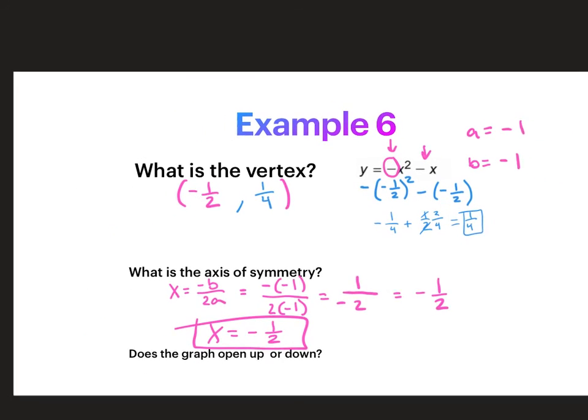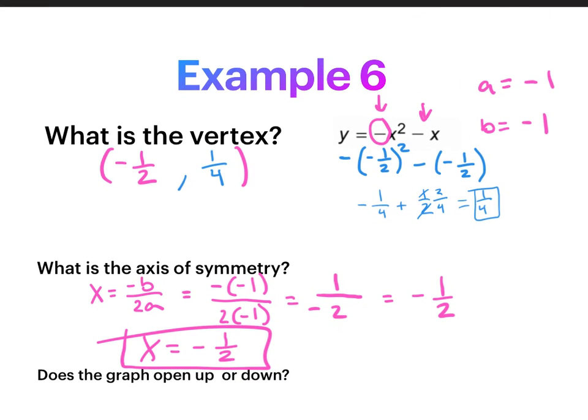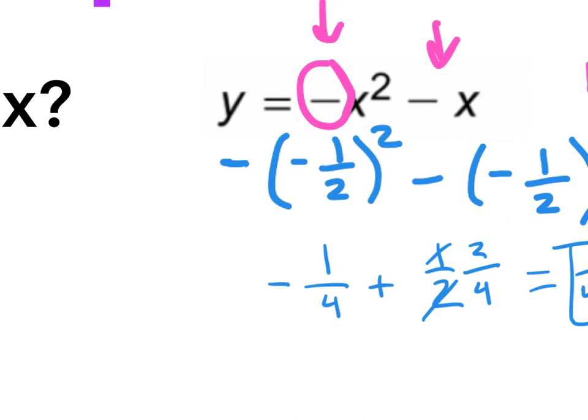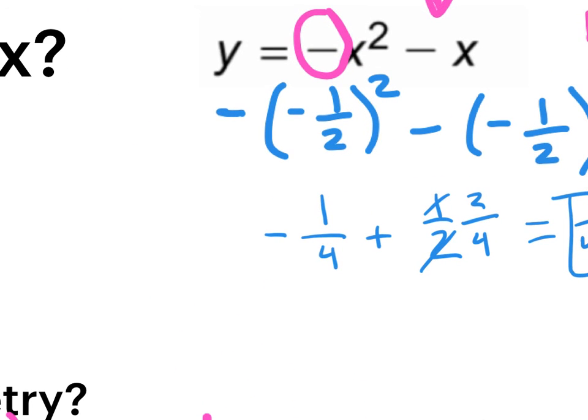Good job. For 1/4, why didn't the negatives cancel out? Good question, because we have -1/2 times -1/2 because it's squared, so we multiply it by itself.